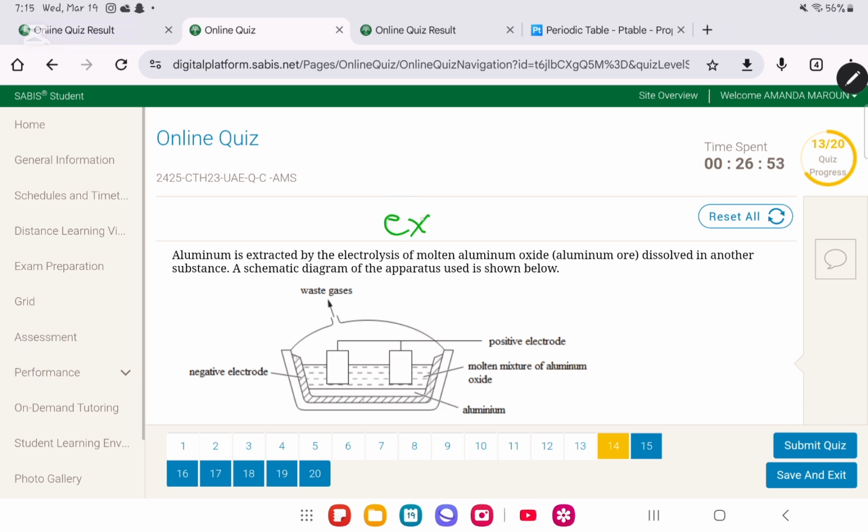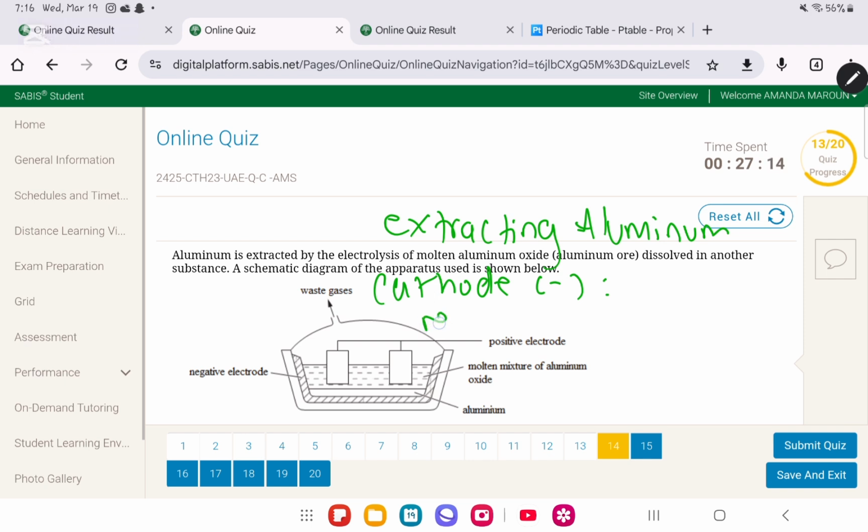when we are extracting aluminium, we have the cathode being the negative electrode. It will undergo reduction, and in the cathode we will get the pure aluminium.